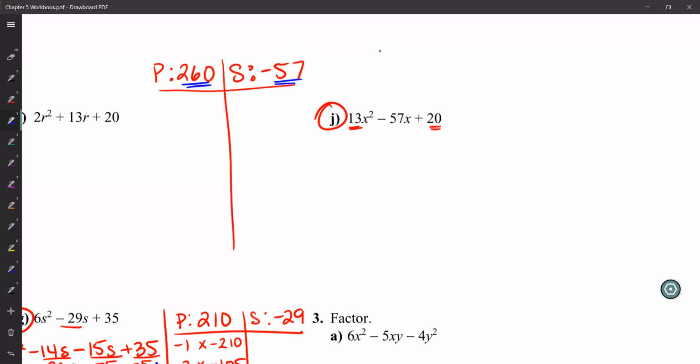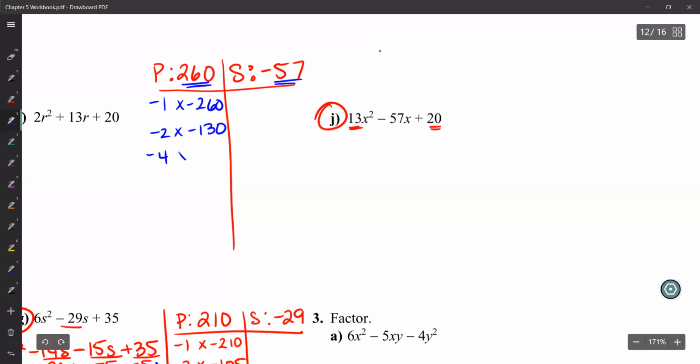So I know that. So what you can do is, again, you can go through all the different numbers that multiply to 260. I think we'll find the number a lot quicker in this one because it's a pretty big number over here. So I think we're going to find it within like the first few.